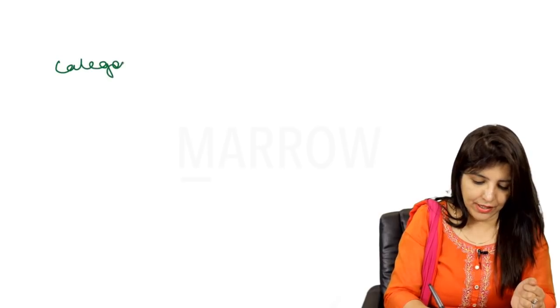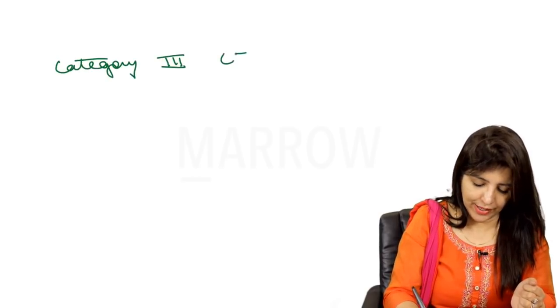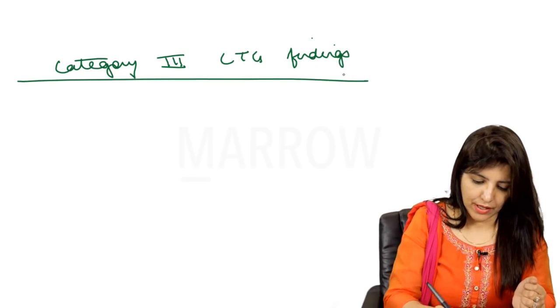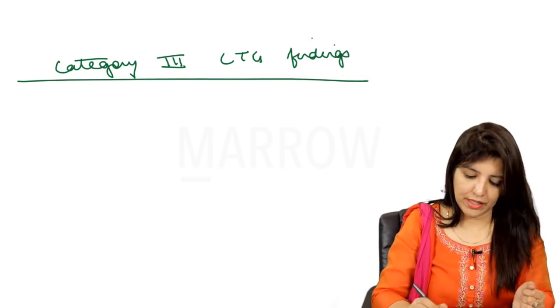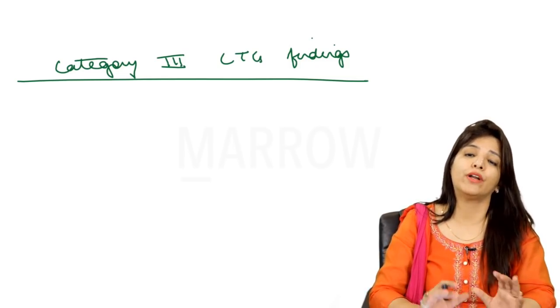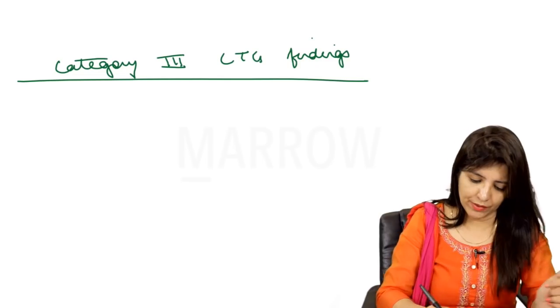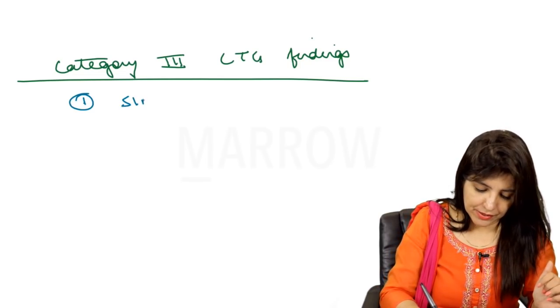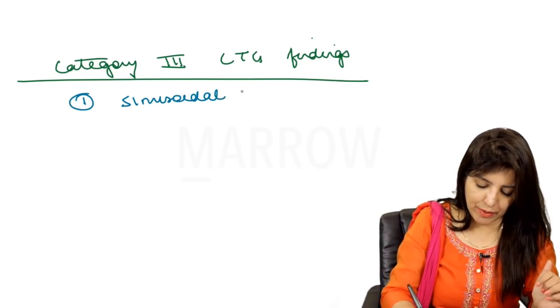Now, there are certain findings which are regarded as category 3 CTG findings. Category 3 CTG finding means the findings which are really bad and mean that you have to go for immediate delivery. What are they? Number 1, sinusoidal heart rate pattern.